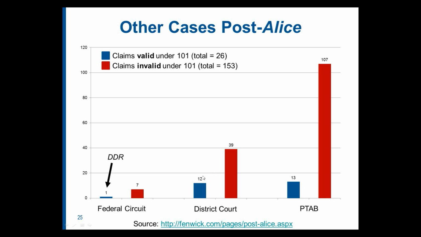Out of the district courts, you can see 12 were held to be valid as opposed to 39 invalid. And the PTAB, these are probably appeals of final office actions, where we have only 13 cases where claims are rendered valid, whereas 107, the PTO is really killing us here, where claims are rendered invalid.